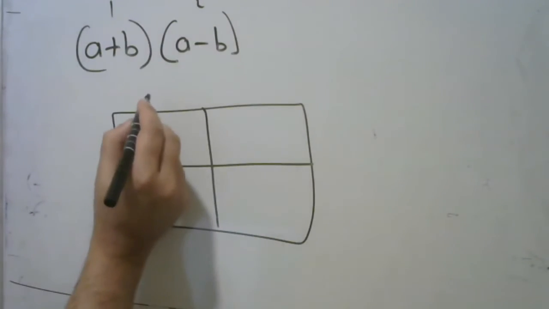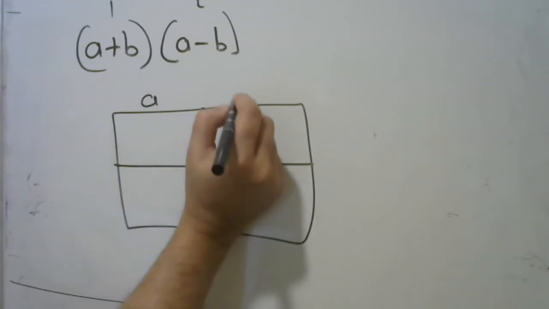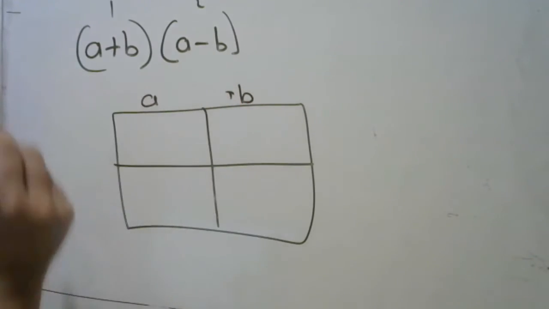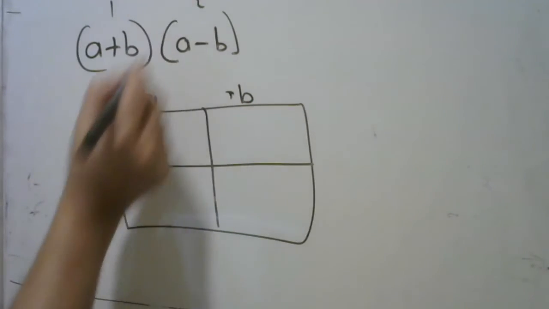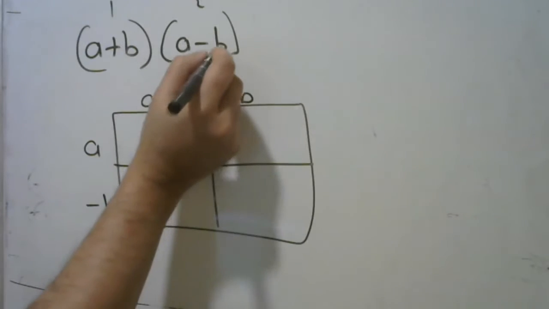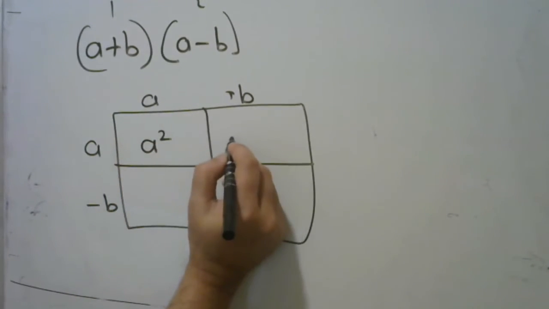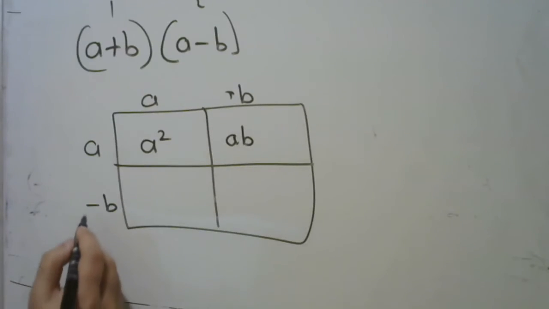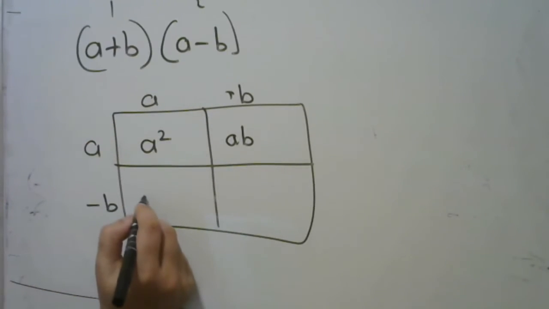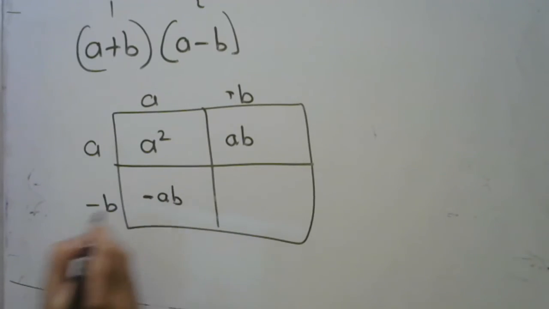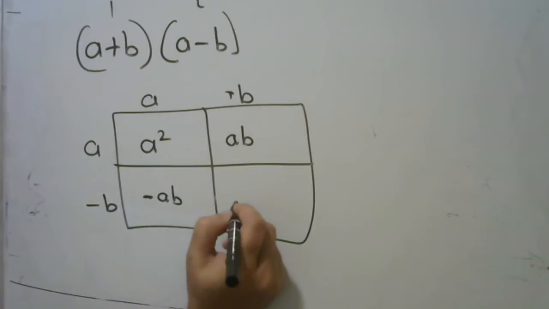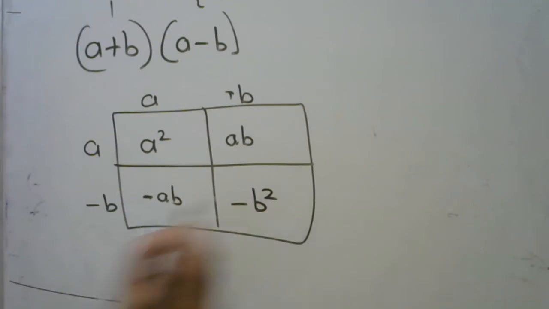So row by column, let's say this is A, this is B, so this is plus B. This here is A, and this is a minus B from this one here. So we get A squared, AB, minus B by A is negative AB, minus B by plus B is negative B squared.